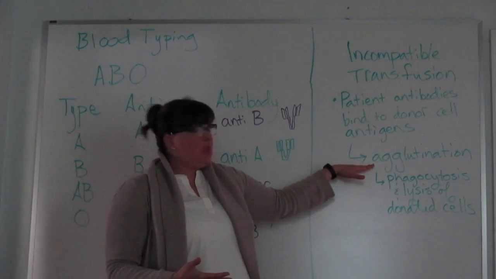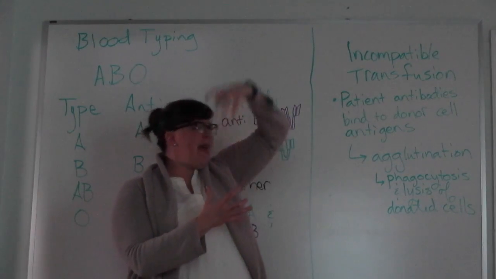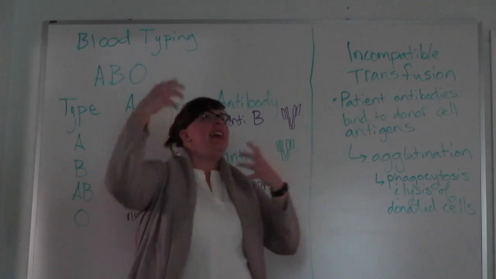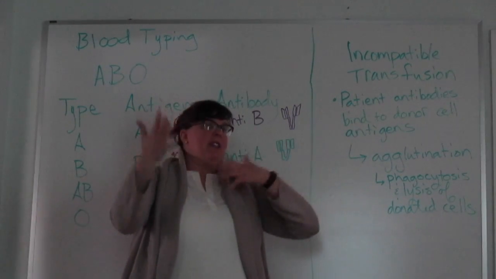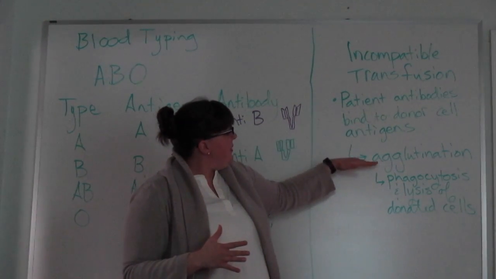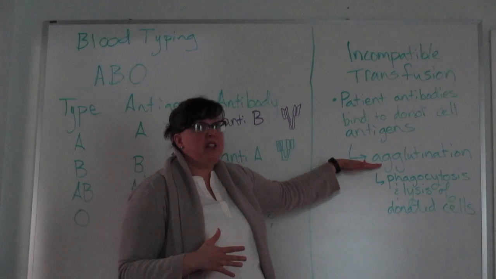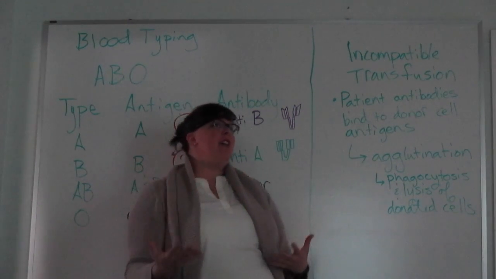And that leads to agglutination, and agglutination is where you get this massive clump of antibody and red blood cell, with the antigen and antibody and antigen and antibody, and it's a huge clump. And I want you to be very clear that agglutination is different from a blood clot. They sound kind of similar.